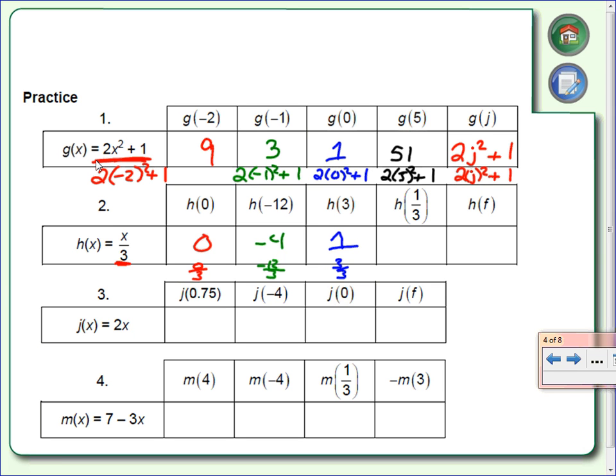Now let's slow it down on the next one, because the next one we have a fraction here. On the next one, the x is being replaced with 1/3, and we're going to divide that 1/3 by 3. So I just showed you how to use your calculator to put in a fraction. Let's do the green button, and then y equals.